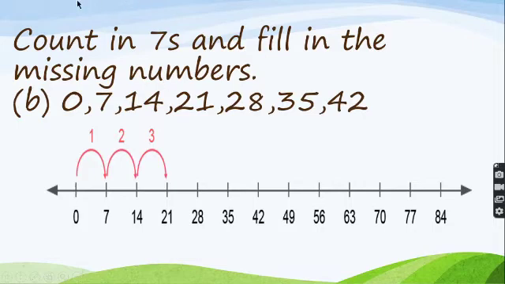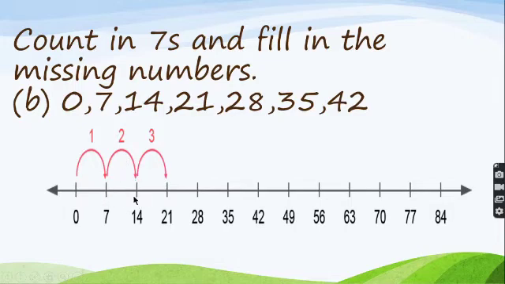It means the gap between 0 and 7, your one jump, is 7. Next, when you jump from 7, you add 7 to 7, and your answer will be 14.